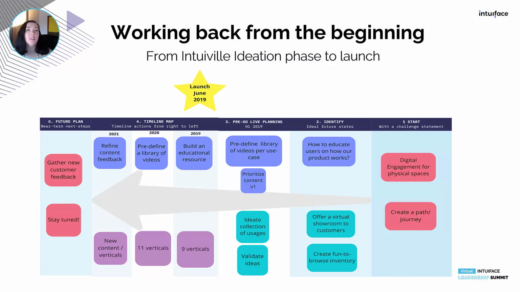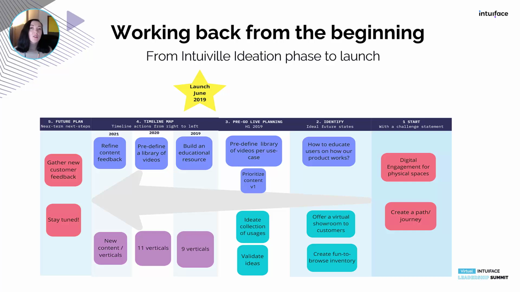We had already established that we had to create a path or a journey, and throughout the ideation phase in 2019, one of the primary goals was to offer a virtual showroom to our customers. Another important aspect was to create a fun-to-browse inventory where people could search with pleasure and prioritize the content that would be displayed in the first version.